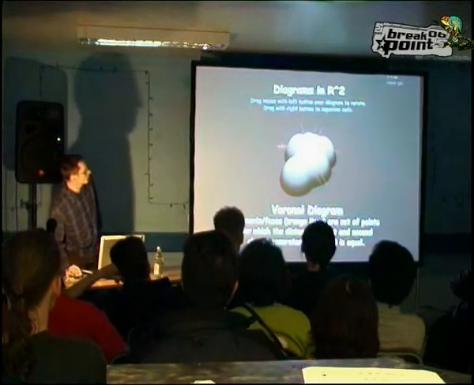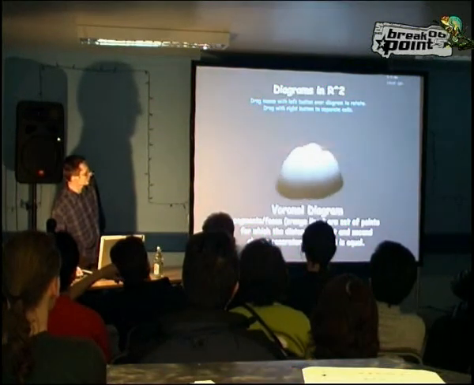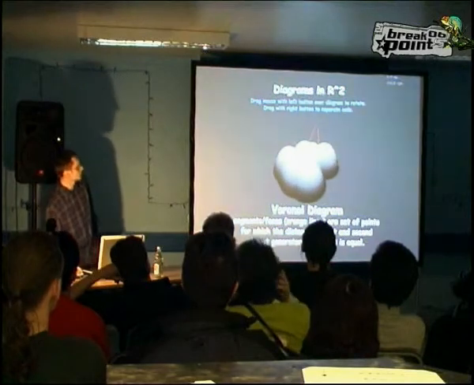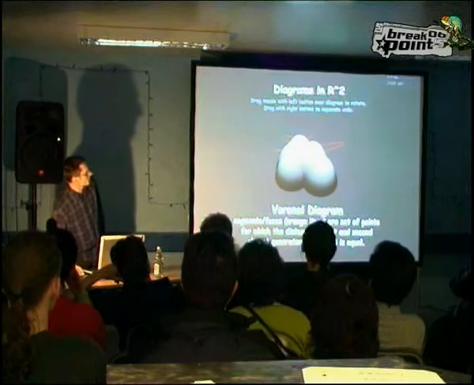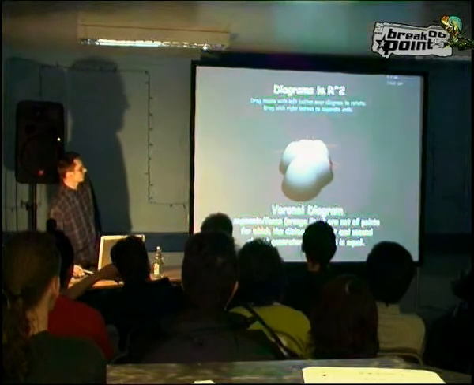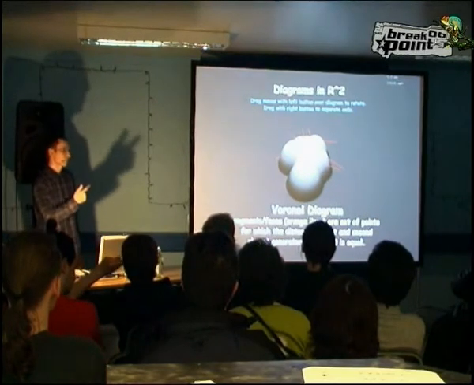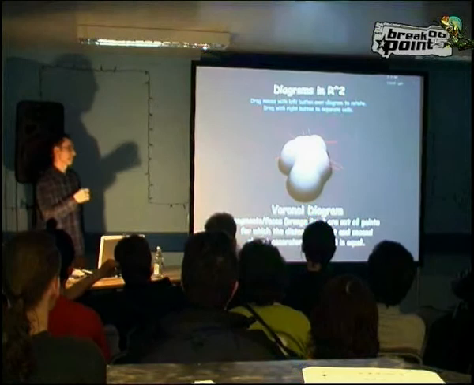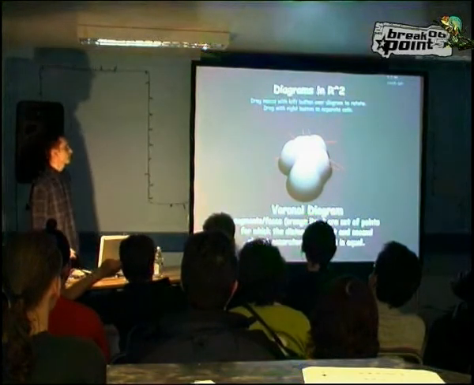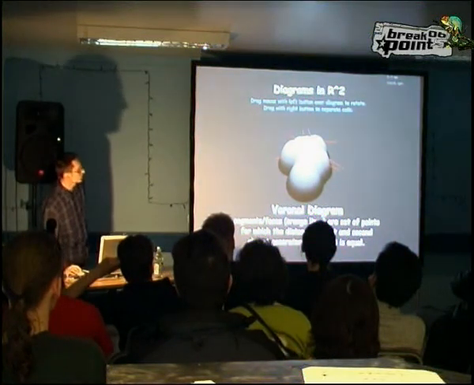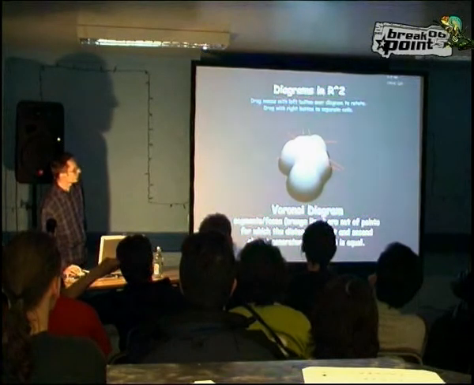This is a projection of two-dimensional space, shown from different angles. This is just a plane, and for every point on the plane, you calculate the first and second closest. You don't have to calculate it, but this is how I define the Voronoi diagram. Calculate the first and second closest point, and if the distance to the first and second closest point is the same, you draw a point here.